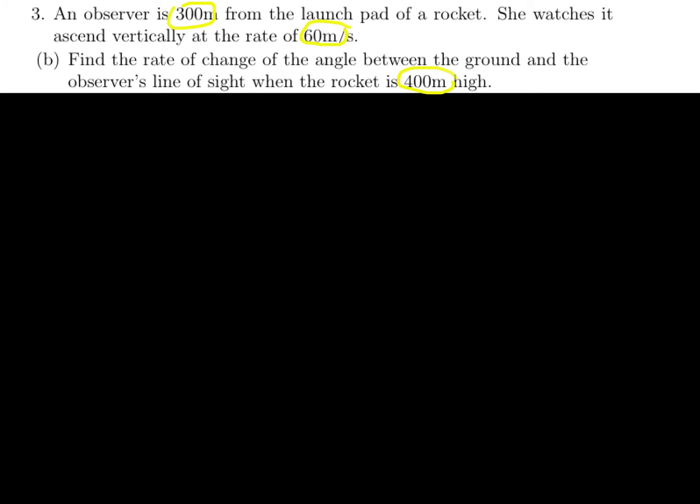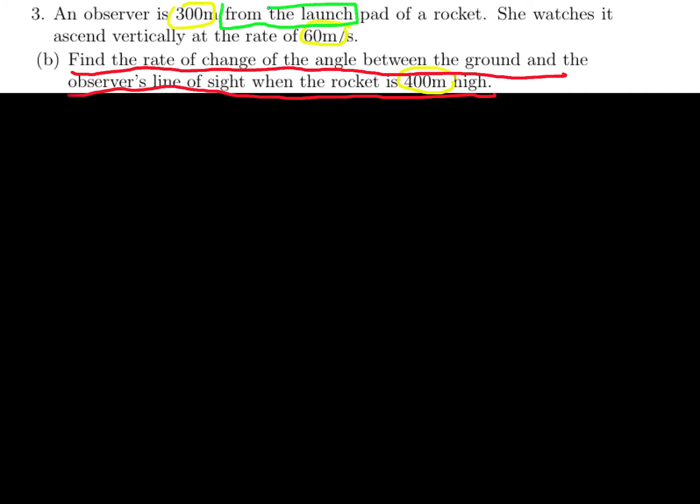Our question being asked is: find the rate of change of the angle between the ground and the observer's line of sight. So here's our question. And then boxing our math terms. Again, we have distance, so that's from the launch pad.